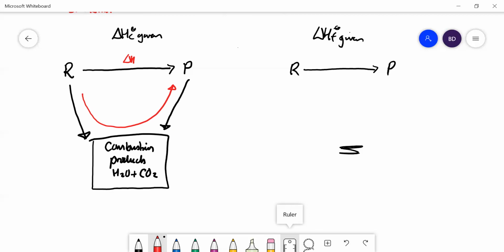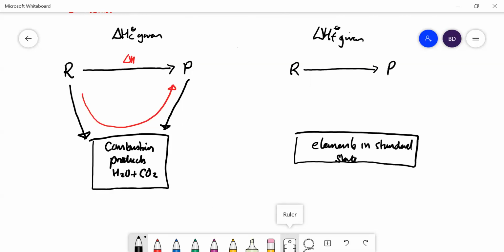If you're given delta HF data, you've got to think, well, what's the third thing we have in our cycle there? We have elements in the standard state. And which way is the arrow going to go there? Well, formation, you form the substances from the elements, they go up.